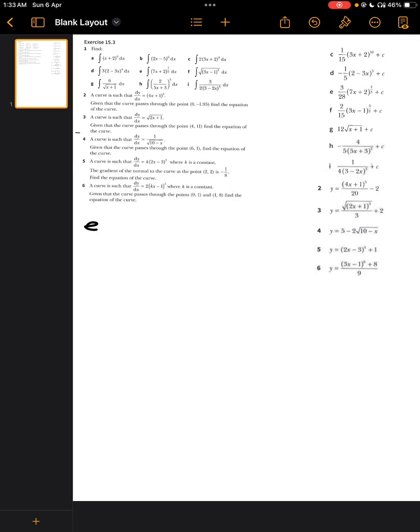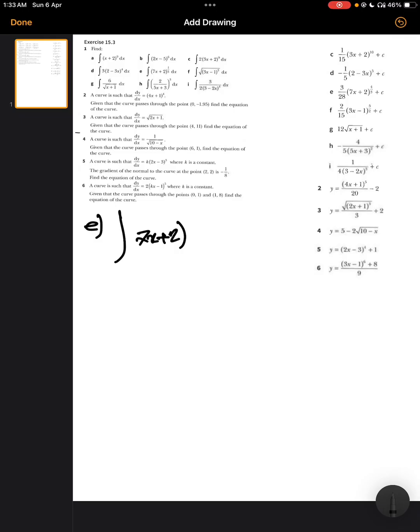Now question number e. Question number e says the integration of (7x plus 2) to the power 1 over 3. Nice question. So it should be 1 over a, where a is 7, times (n plus 1).